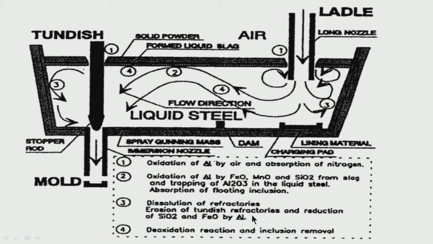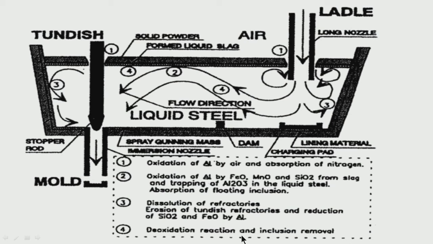Then at this point, as I was discussing, some amount of deoxidation is possible in the tundish, because you have a small amount of aluminum here. So whatever dissolved oxygen is there, there is a possibility of deoxidation. So alumina, the deoxidant whatever is forming, is trying to float and should get absorbed.